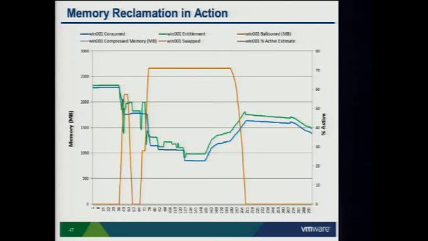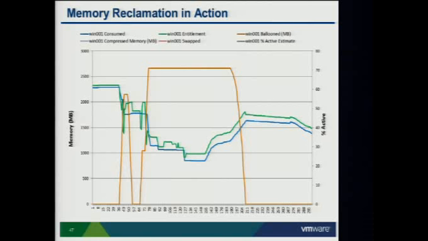As you can see, when the entitlement drops, ESX starts to reclaim memory using ballooning, right? And as the memory demand continues, ESX is going to continue to reclaim memory from the VM using ballooning.